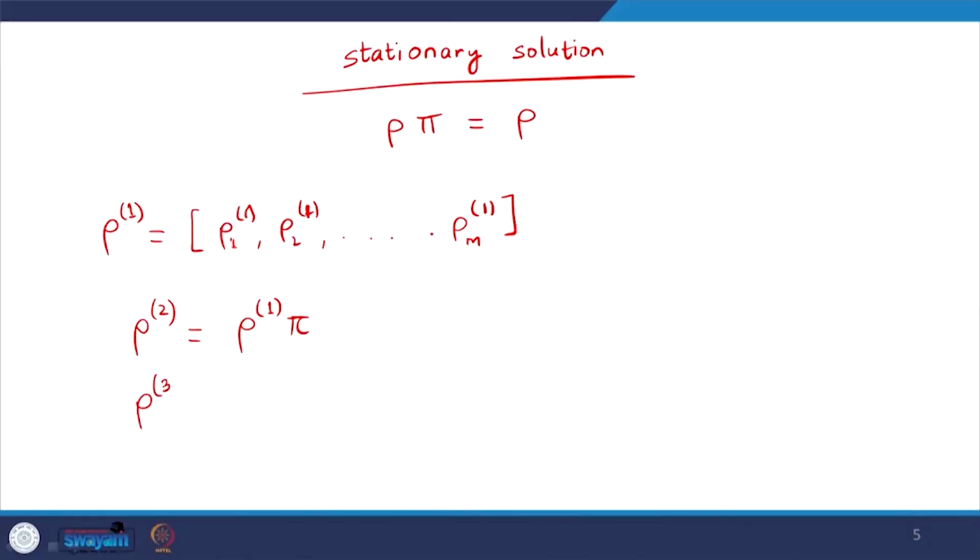If I want to compute the next step, it is going to be the rho from the previous step times pi, and that is equal to rho 1 pi square, and I keep on doing it. Then after some tau plus 1 steps, it is going to be rho at tau multiplied with pi, and that is rho 1 pi to the power tau plus 1.